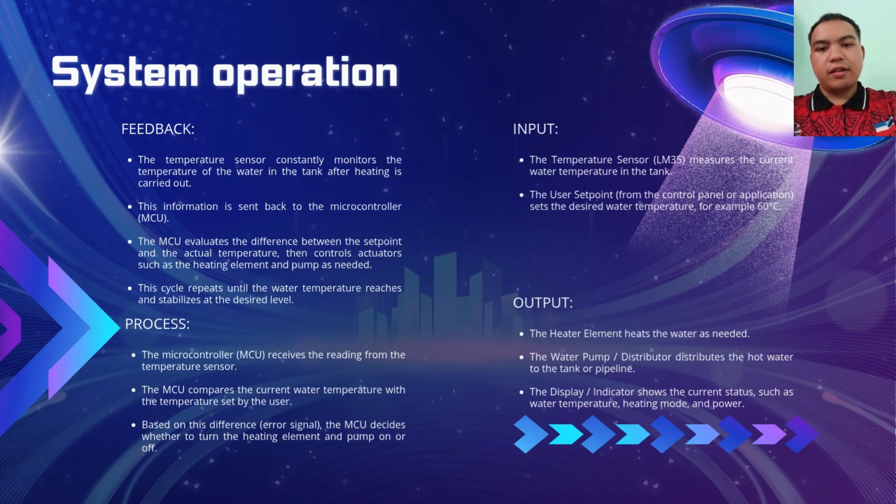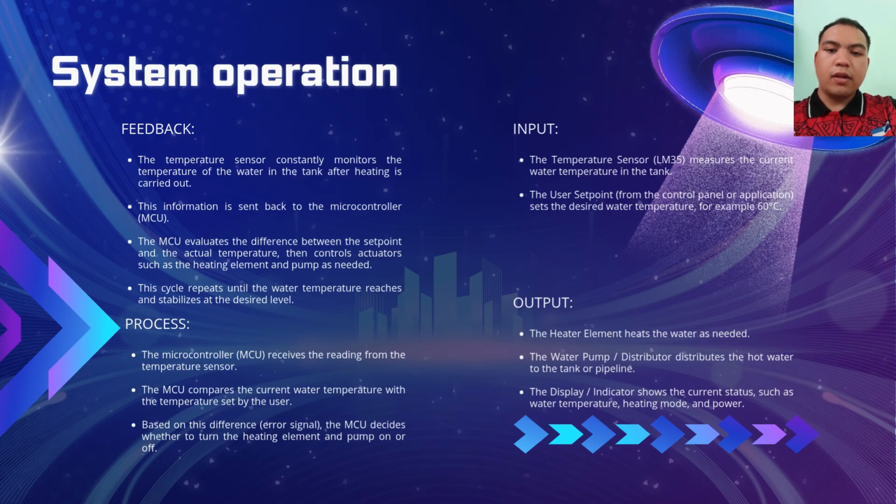Okay, next let's look at how the system operates in four main phases: input, process, output, and feedback. The first one is input. The temperature sensor measures the current water temperature in the tank.